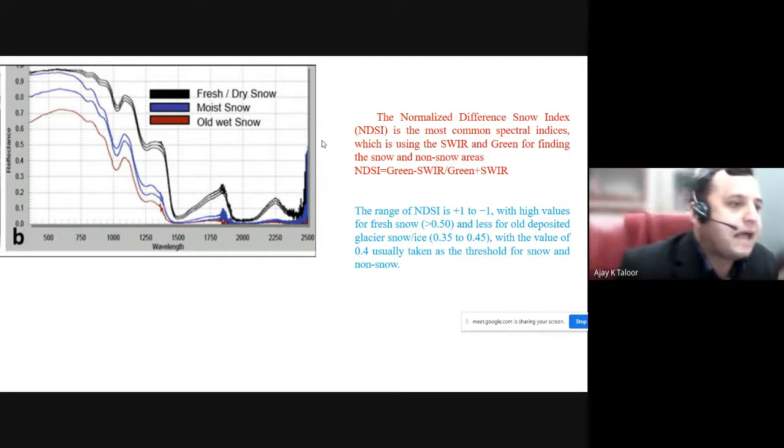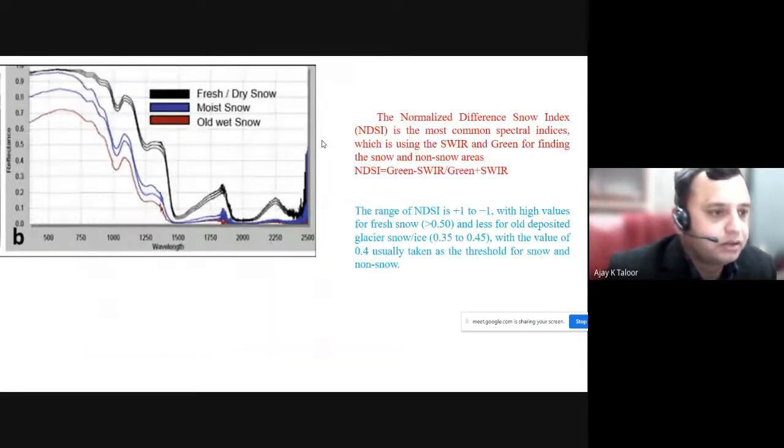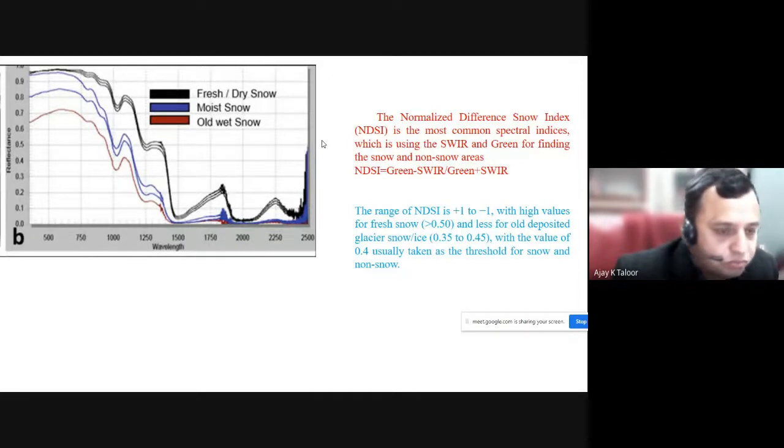So, Surajit, please go back up. Even from the remote sensing data, we are able to determine which area has fresh snow and which area has old wet snow. As the snow becomes old, it becomes compacted, so the spectral curve behaves like this.